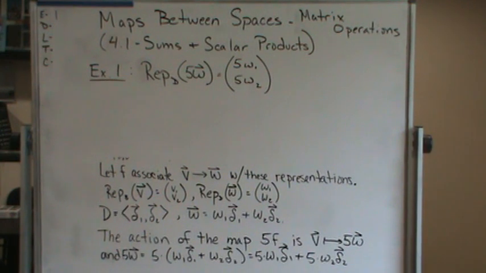Now, changing from the map f to the map 5f has the effect on the representation of the output vector of multiplying each entry by 5. Because of that, our representation matrix for 5f is going to be this.